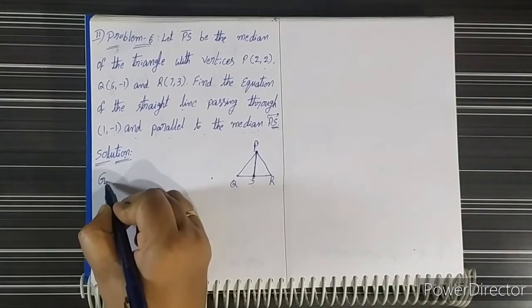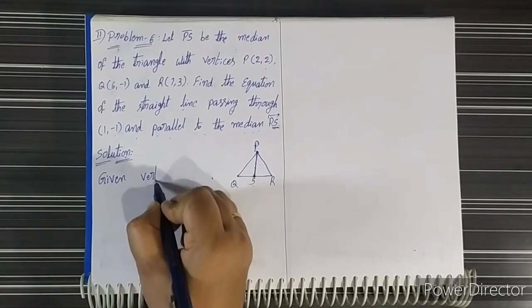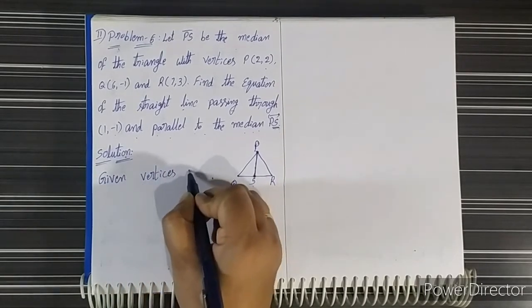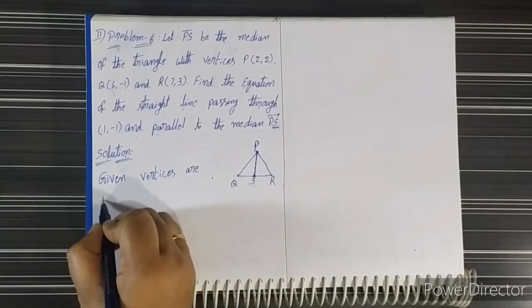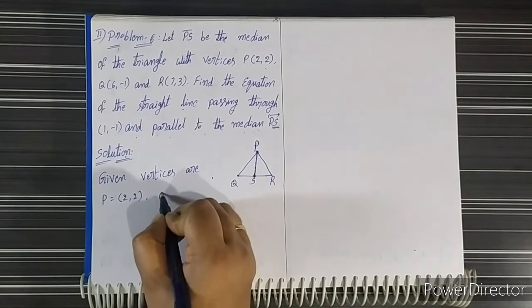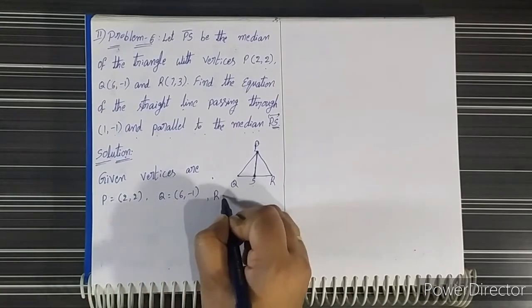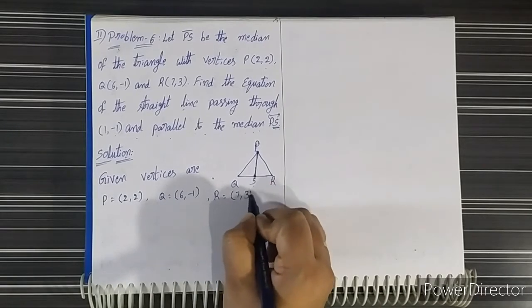First, the given data. The vertices of a triangle are P = (2, 2), Q = (6, -1), R = (7, 3).